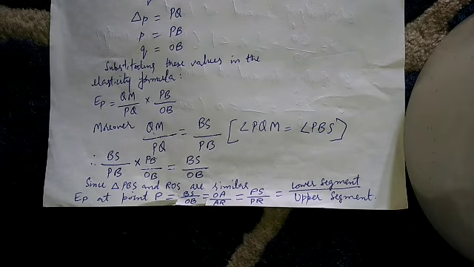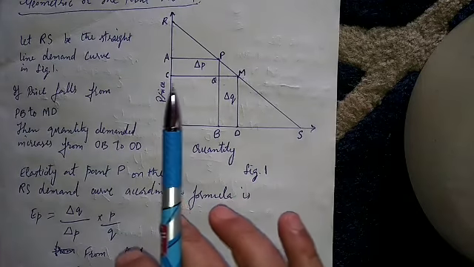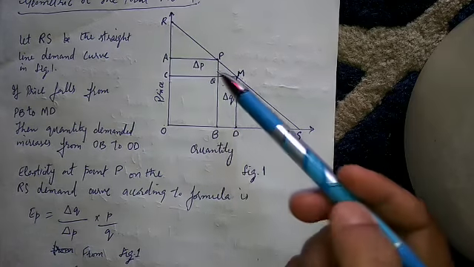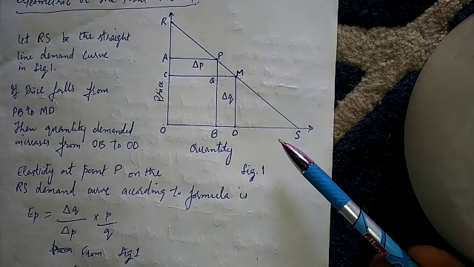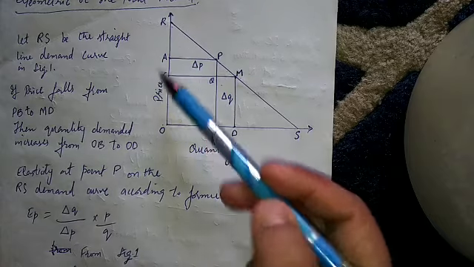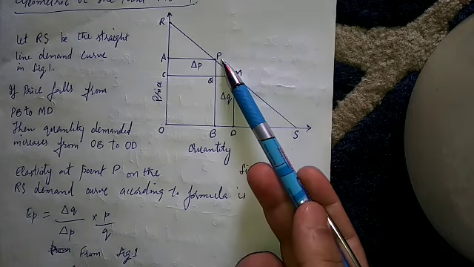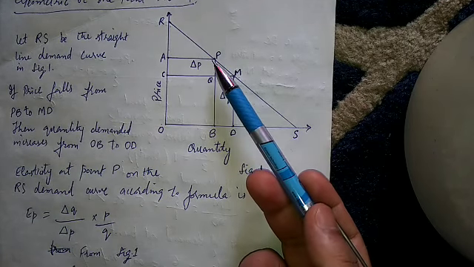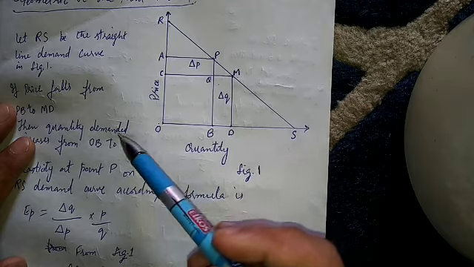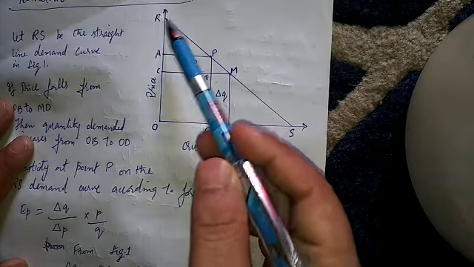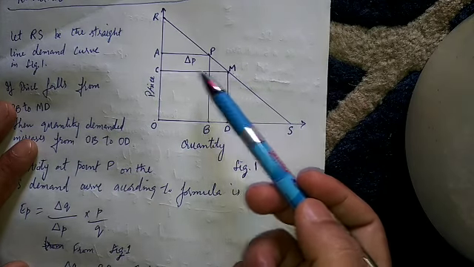Now, since triangles PBS and ROS are similar, the elastic demand at point P will be equal to BS by OB, and that will also be equal to OA by AR, or equal to PS by PR.